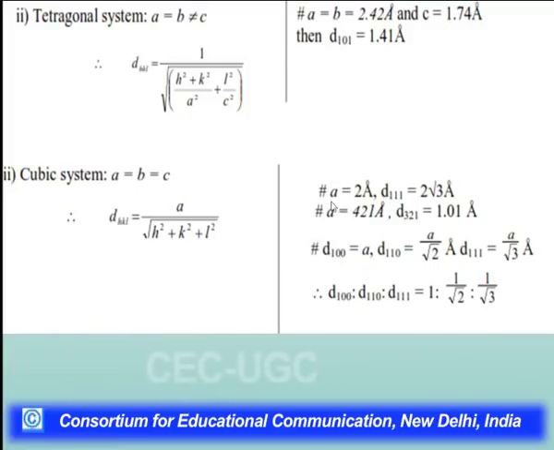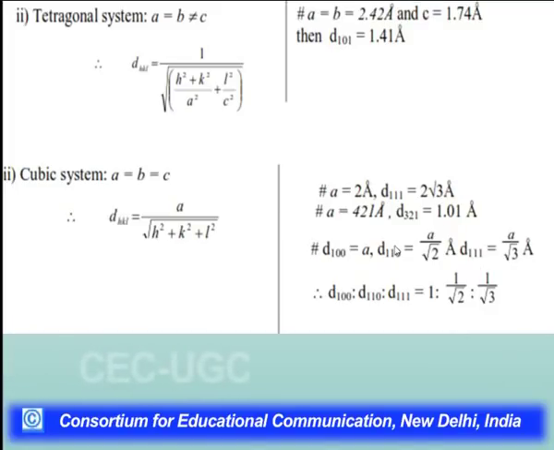If we put the value of a equal to 2 angstrom, for the plane 1 1 1, the spacing between these planes will be 2 by root 3 angstrom. If the value of a is equal to 4 angstrom, the spacing of the 321 plane will be 1.01 angstrom. In this manner, we can calculate the interplanar spacing between the different planes for the different families.